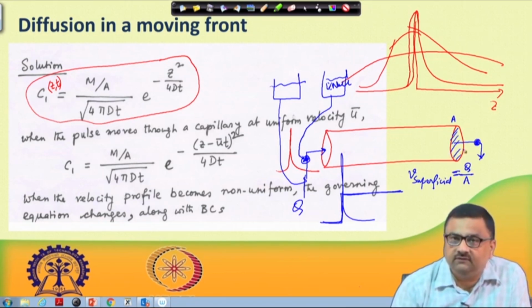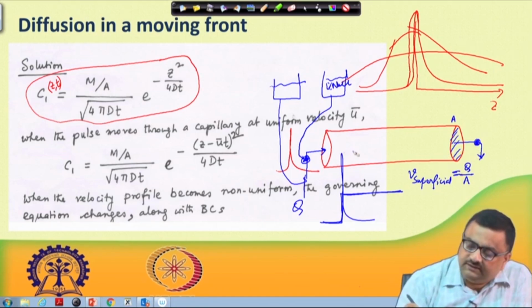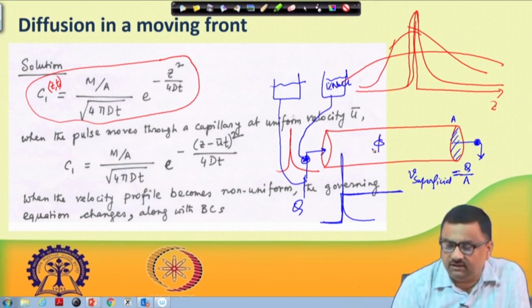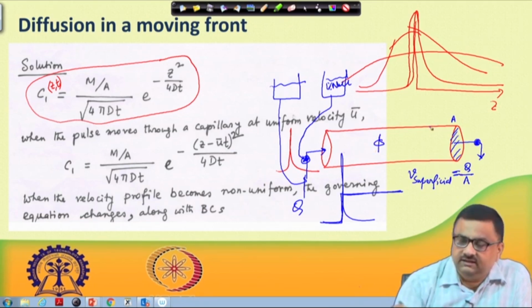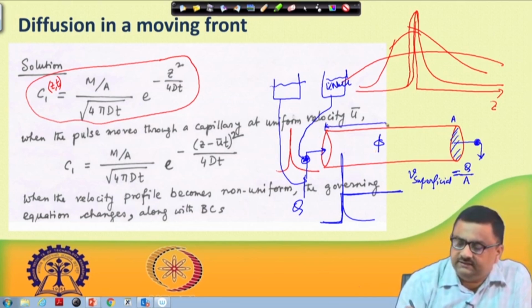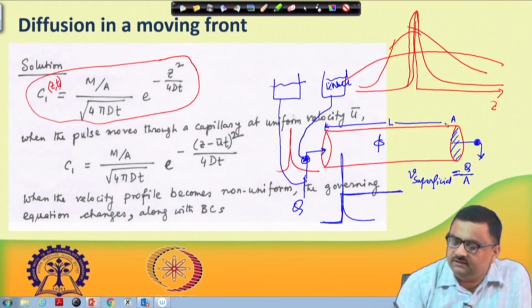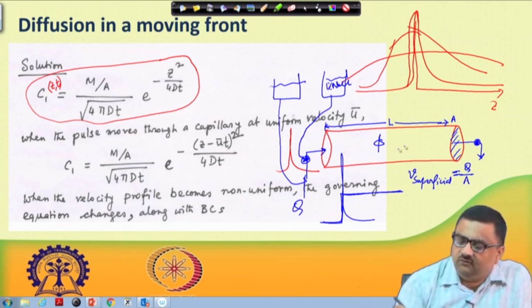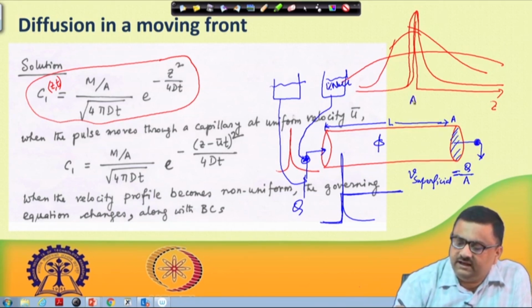How long will it take to reach the outlet? Let us say this porous medium has a porosity of phi, the cross sectional area is A, and the length of the porous medium is L. That means the volume of this porous medium is A into L.